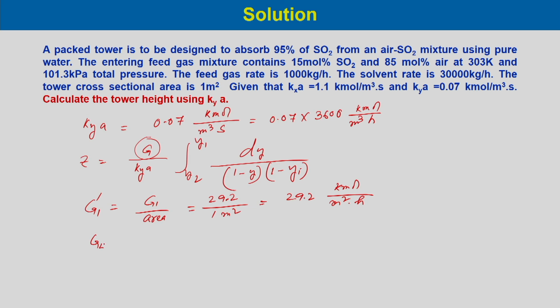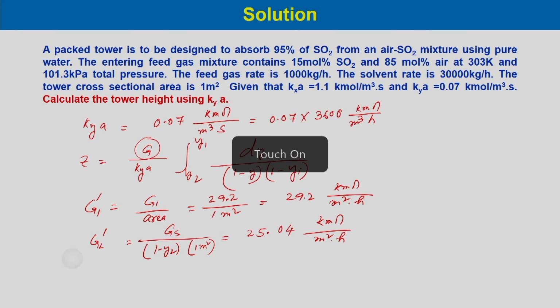G2 dash would be equal to Gs by (1 minus y2) into 1 meter square, which is 25.04 kilomole per meter square hour.